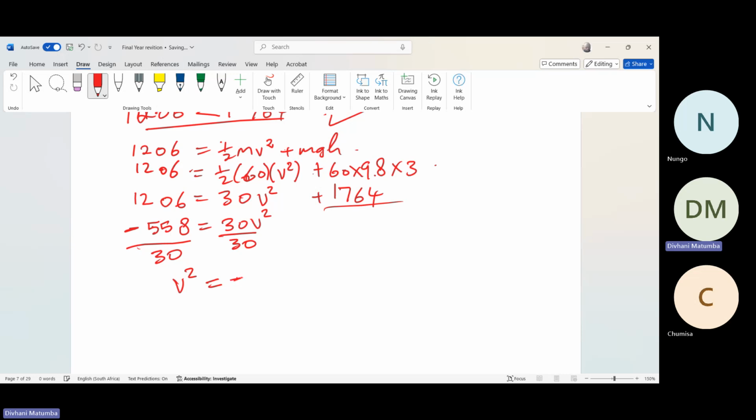I'm getting minus 18.6. So, sorry, V is given by plus or minus the square root of minus 18.6. Okay, take your calculator and press the square root of minus 18.6.